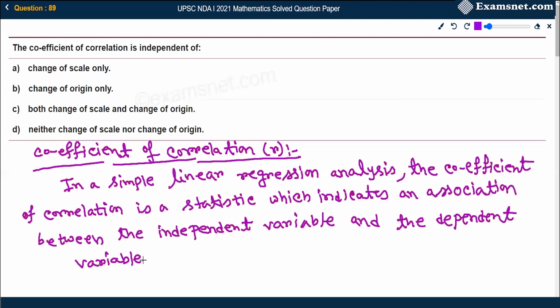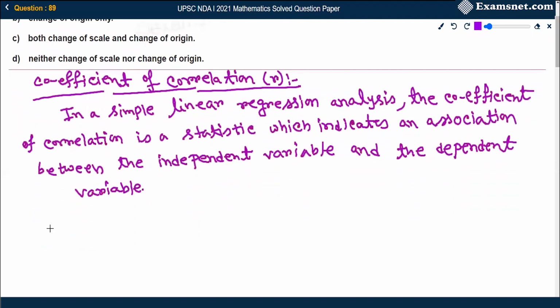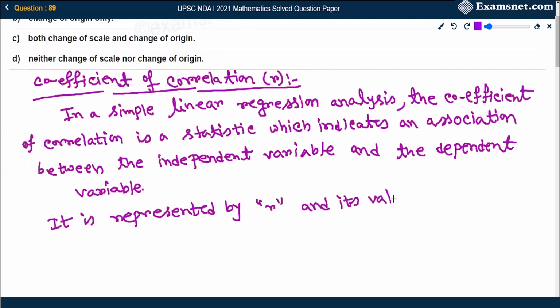Now, the coefficient of correlation is represented by R, and its value lies between negative 1 and positive 1.